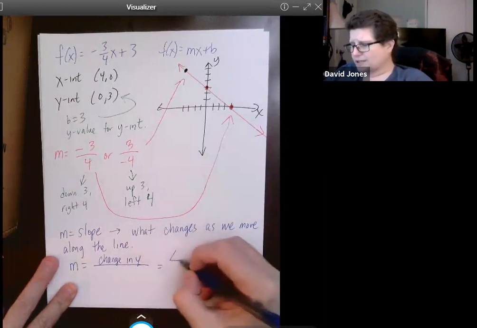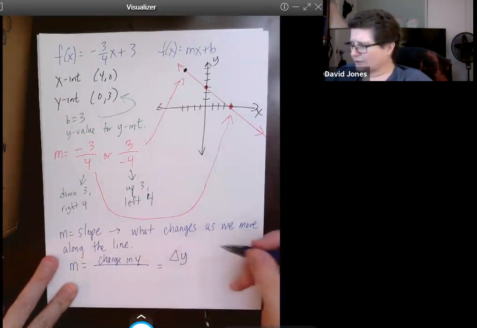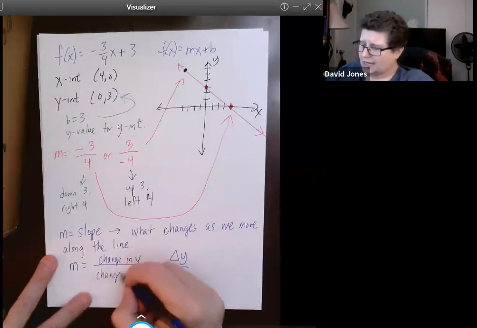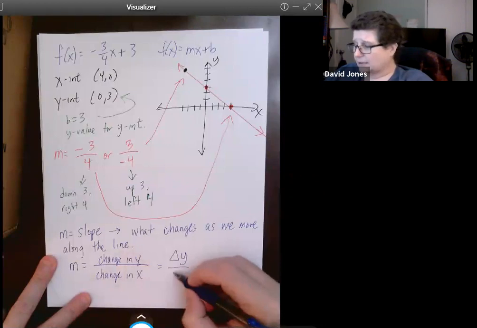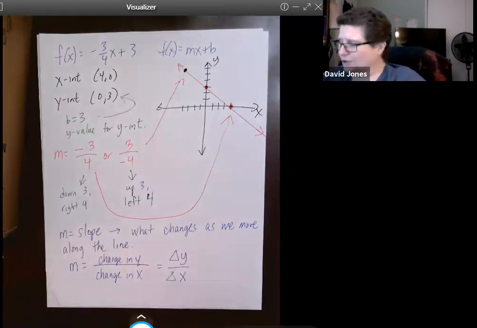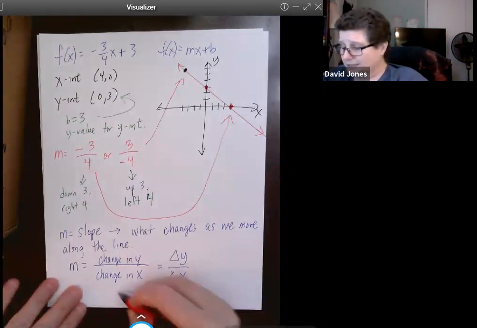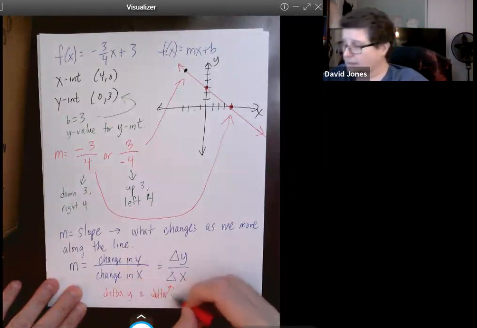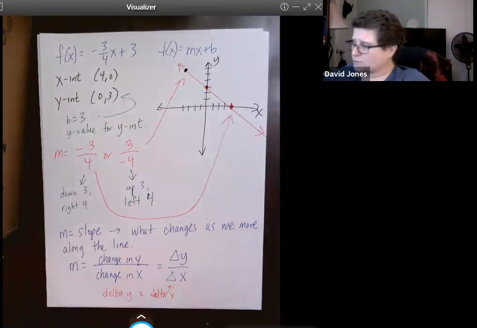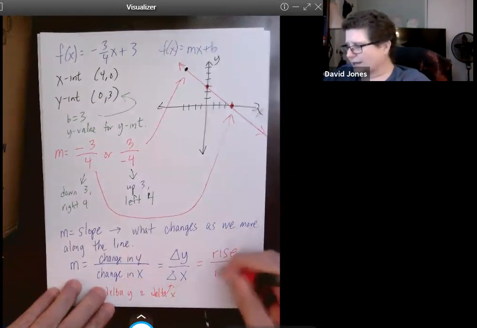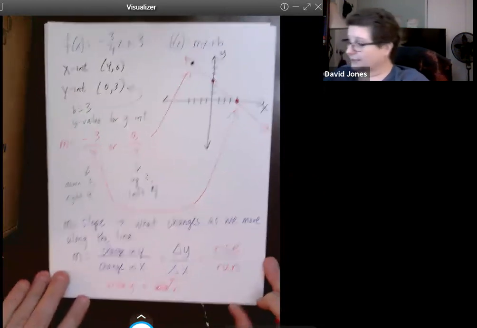They often use this symbol, delta. This says delta y. And the bottom part is the change in the x value. It's the left-right, delta x. You will see these again later on, delta y and delta x. And what this is really giving you is how much you rise in the graph over the run in the graph. Rise over run.